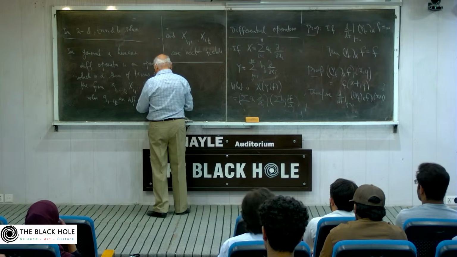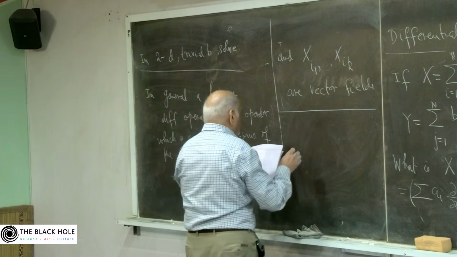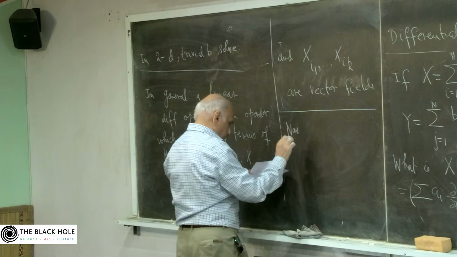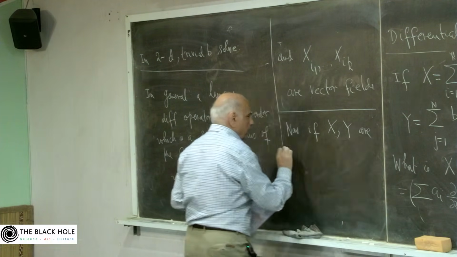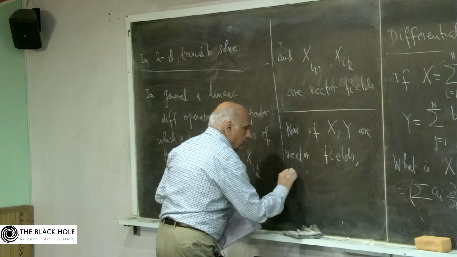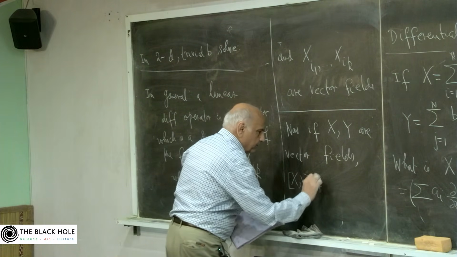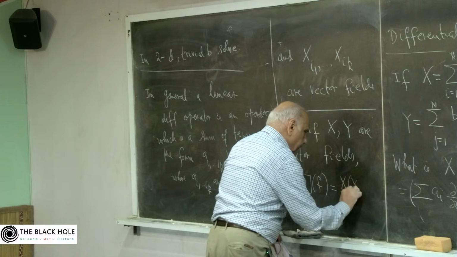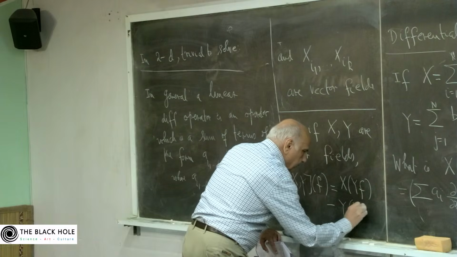Now formulas: if X, Y are vector fields, what was the definition of X bracket Y of a function f? What was it? XYf minus Y of Xf.